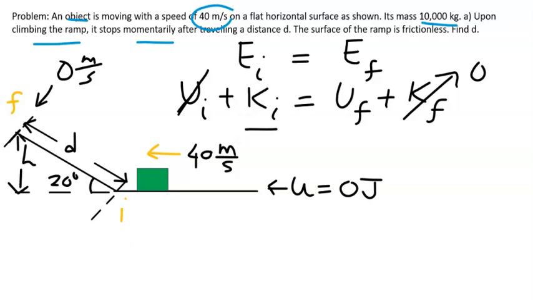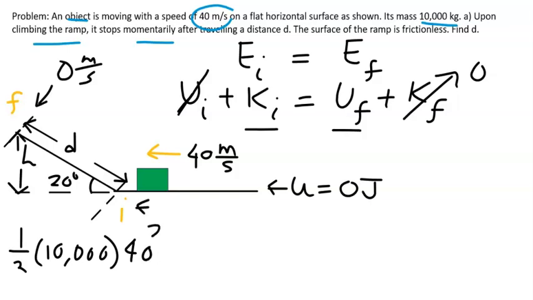Now we can equate the initial kinetic energy to the final gravitational potential energy. Initial kinetic energy is half times mass, which we know to be 10,000 kg, times speed, 40, that is the speed at that initial point. Don't forget to square it, because kinetic energy is given by half mass times the square of speed.